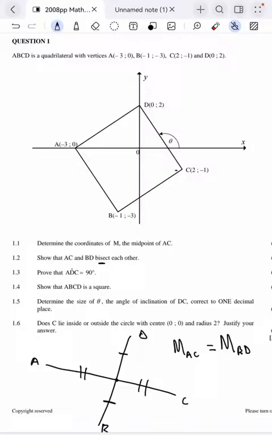It is by proving that the gradient, right?